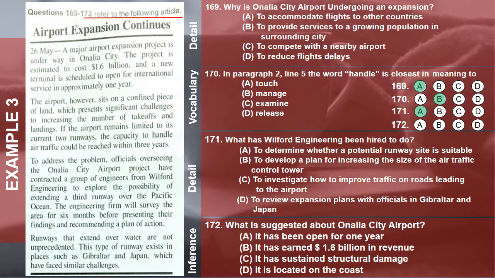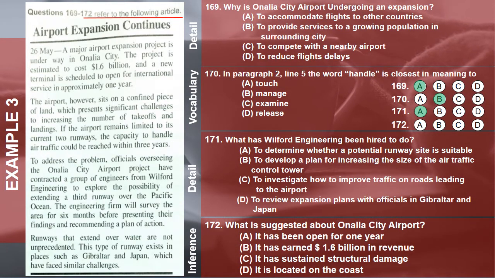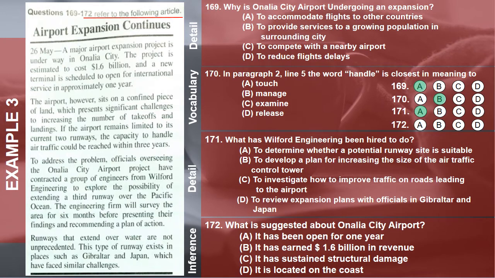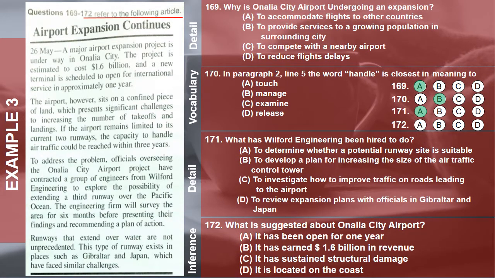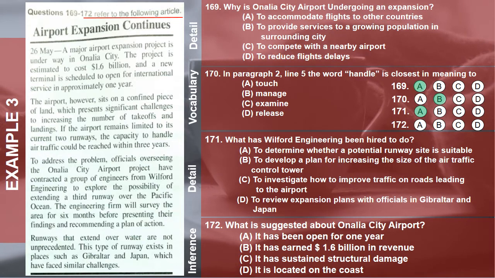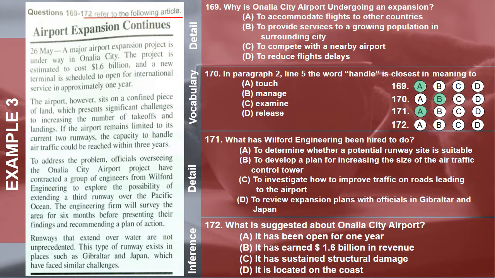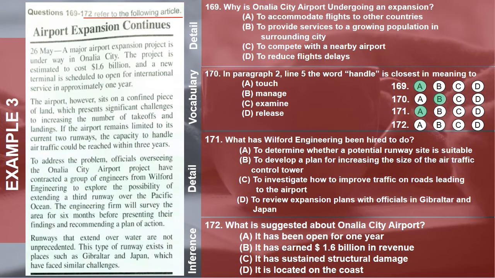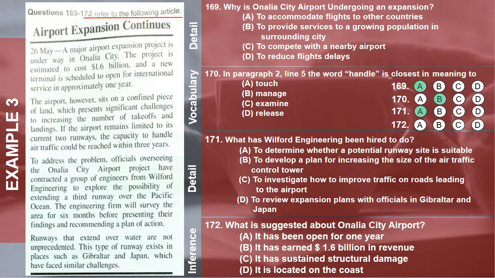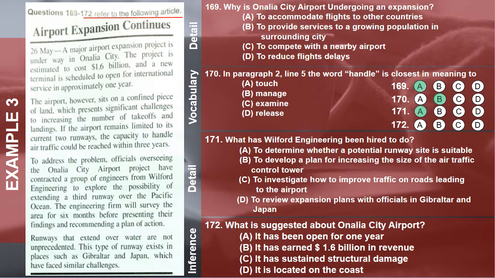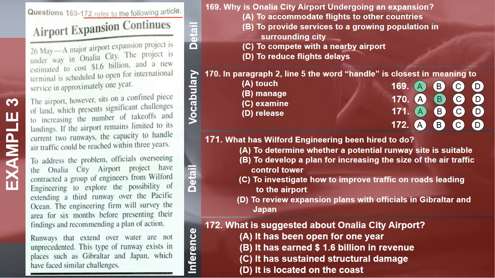And 172, what is suggested about Honolulu City Airport? So go to the fourth paragraph, runway that extends over. So first one is talking about the project, then the problem, and then the details, and they are talking about the same problems we have in other cities as well.